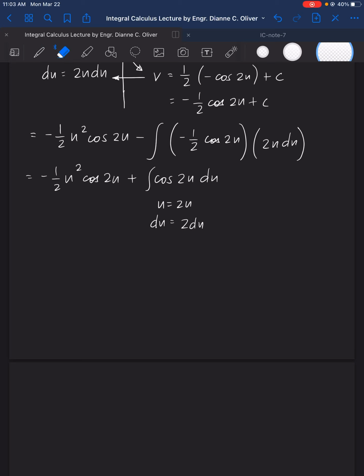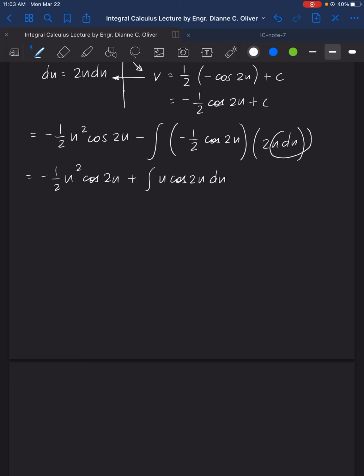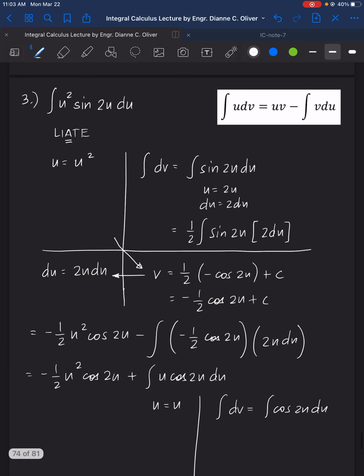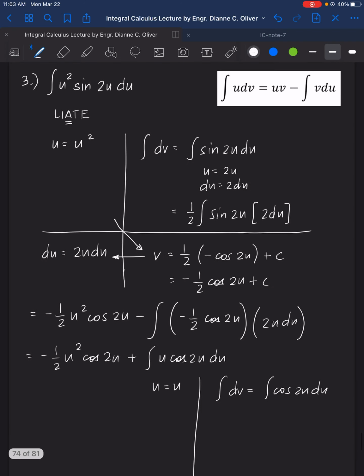So again, this is by parts. Why? Because I forgot to include u. So it is u cosine 2u du, this part here. Therefore, again, we will use by parts. And we will put u as the algebraic u here. So u is equal to u. The integral of dv is equal to the integral of cosine 2u du. So if you notice, we are doing integration by parts twice in this problem.